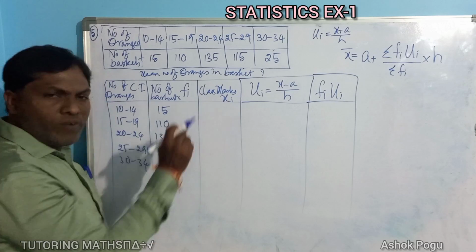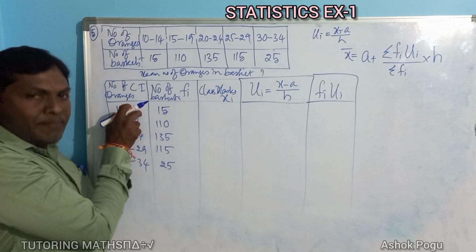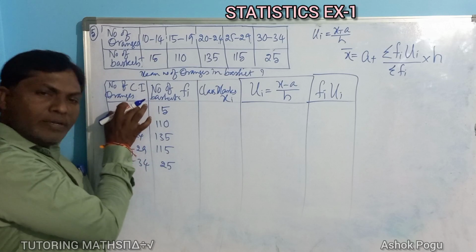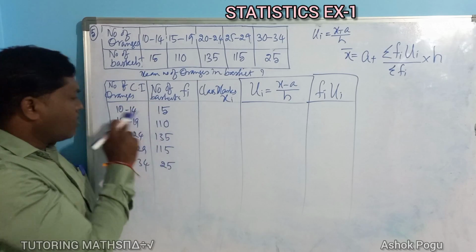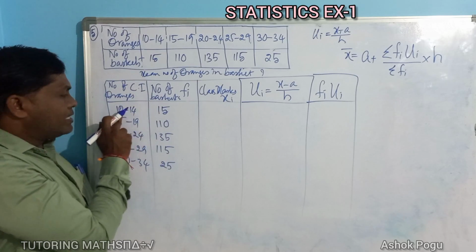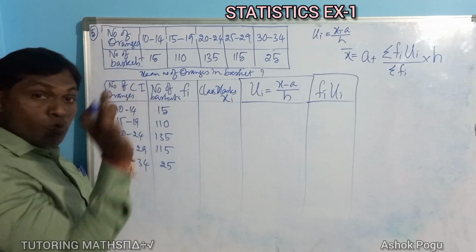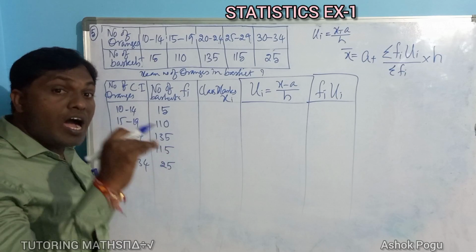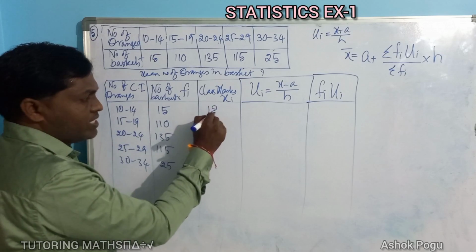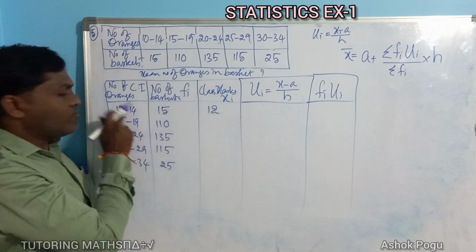Class marks, mid values, you know we just discussed in our previous question. How do you find them? Take the sum of the two limits and make it half. 10 plus 14 is 24. Half of 24 is 12, that is the class mark of the first class.